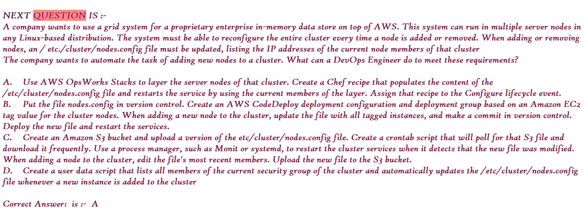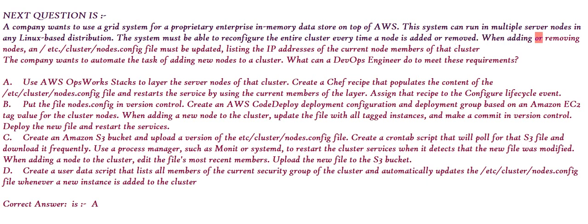Next question is: a company wants to use a grid system for a proprietary enterprise in-memory data store on top of AWS. This system can run in multiple server nodes in any Linux-based distribution. The system must be able to reconfigure the entire cluster every time a node is added or removed.